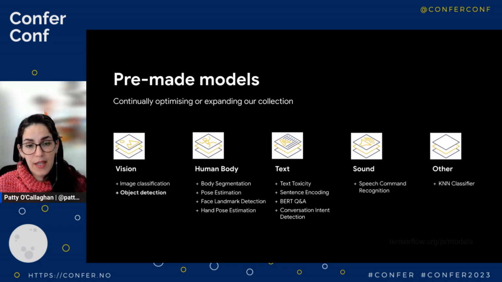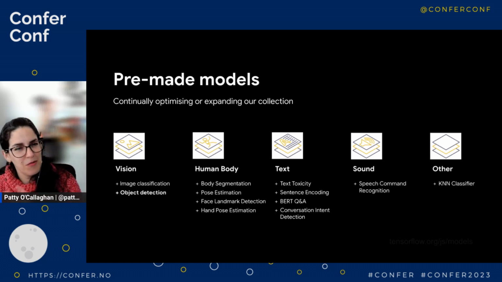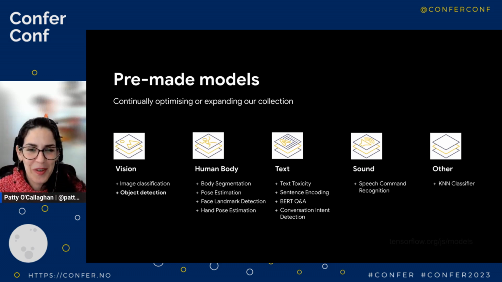The Google team in charge of TensorFlow.js is constantly working on new pre-made models. There are different categories: vision, human body, text, sound, and then a more mixed category. For vision, there is one that will classify an image, and another one for object detection, which is the one that we are going to be seeing today.